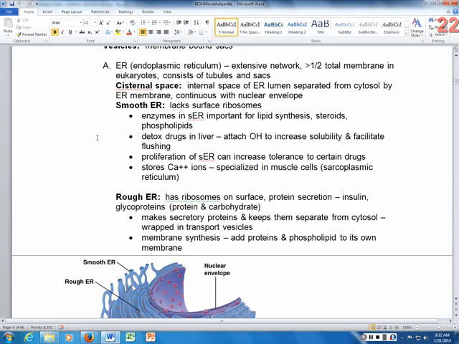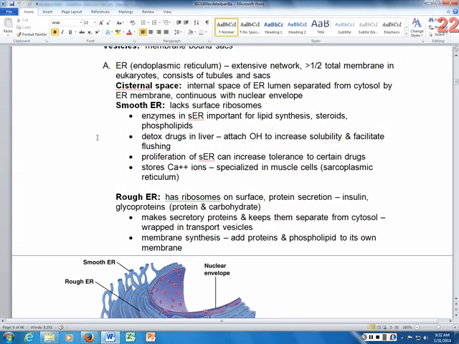The way you detoxify things in the liver is if you add a hydroxide group to it, it increases the solubility so that you can flush it out of your body and urinate it out. So if you take in toxic things, a lot of times the urine will smell different as a result of it because the liver's put a hydroxide on it. Now it's water soluble and it will leave in the urine.